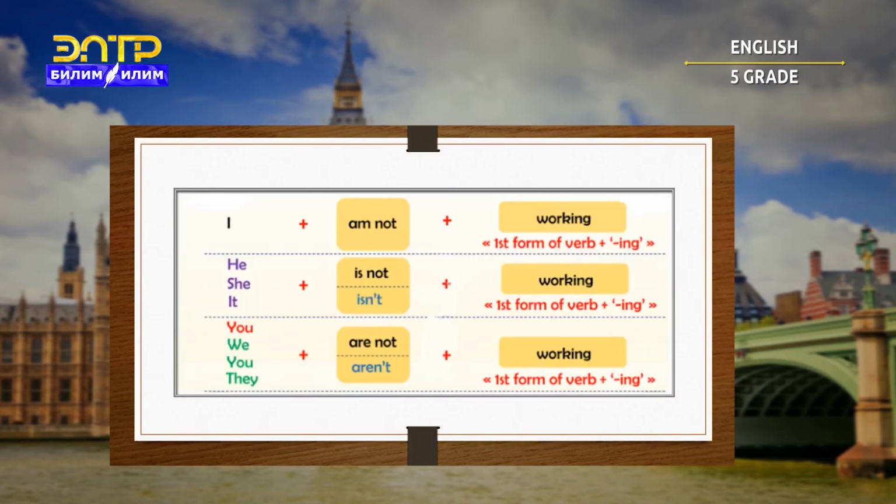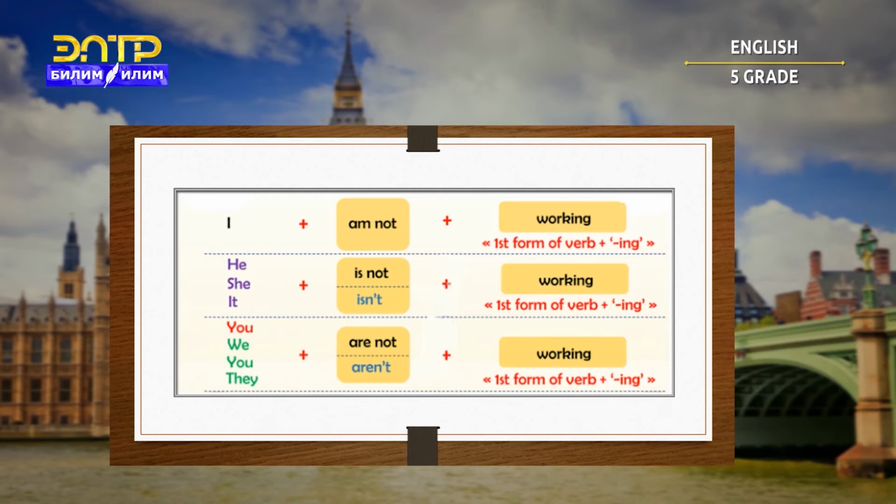To make negative sentences, we only need to change the verb to be by adding not, while the main verb remains the same in the present participle ing form. Remember that you can use the negative abbreviated forms I'm not, he, she, it isn't, and we, you, they aren't as well.